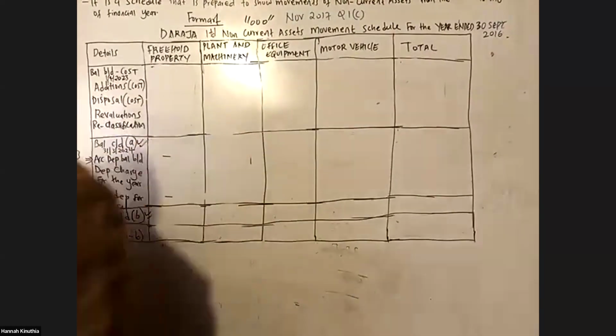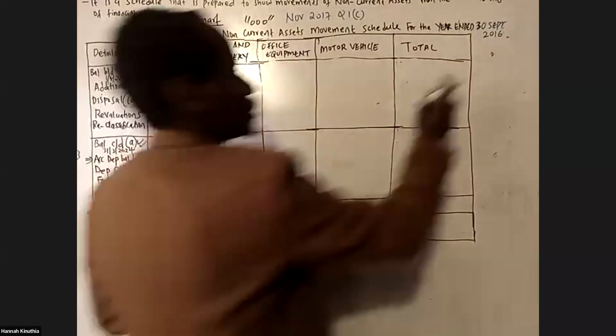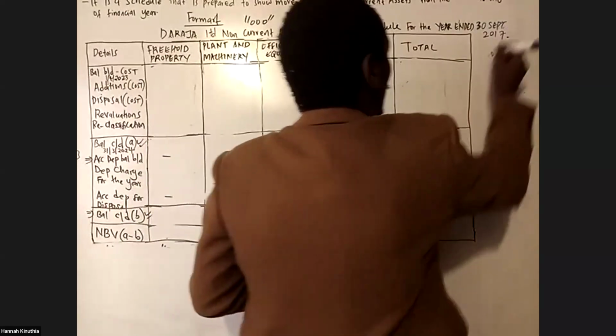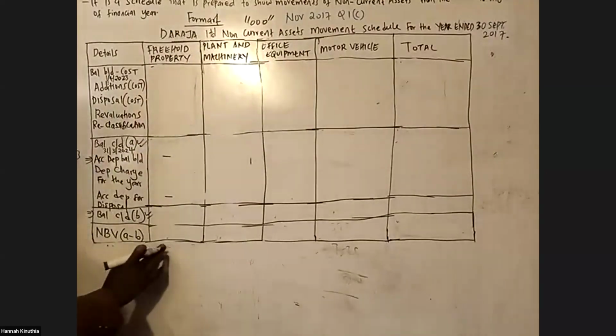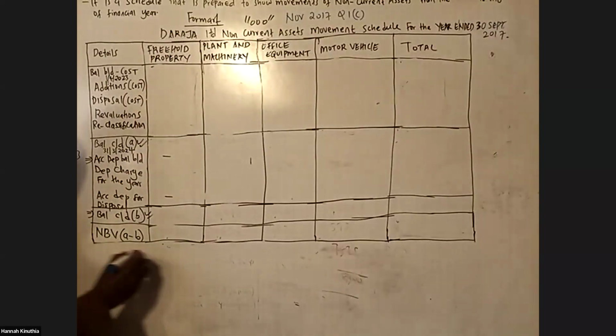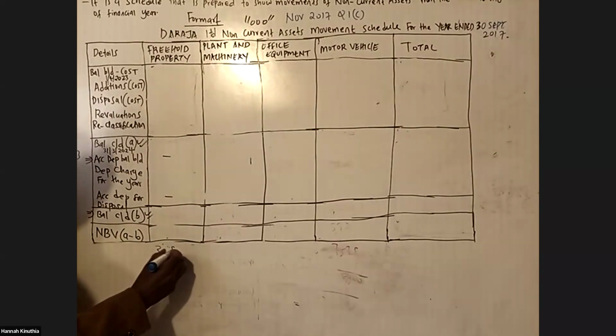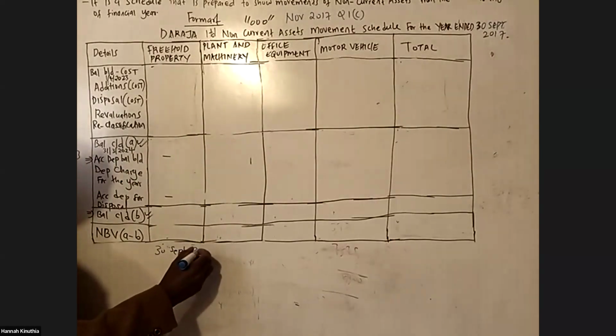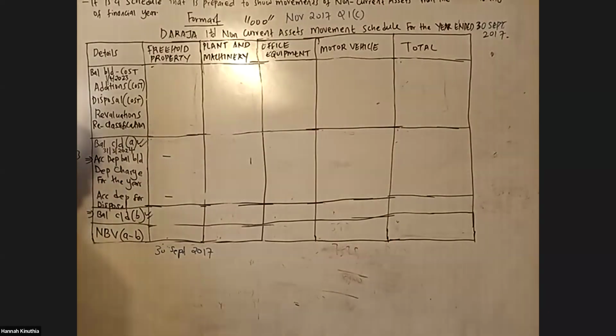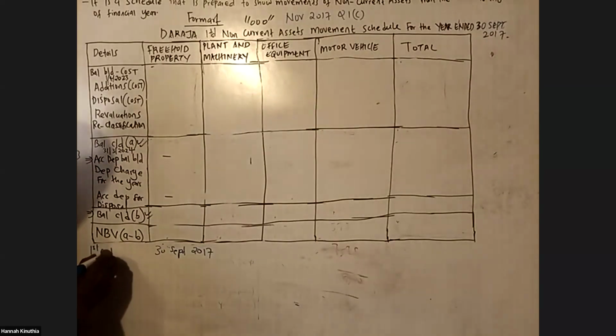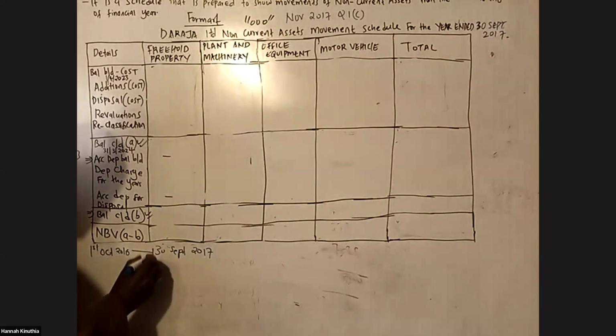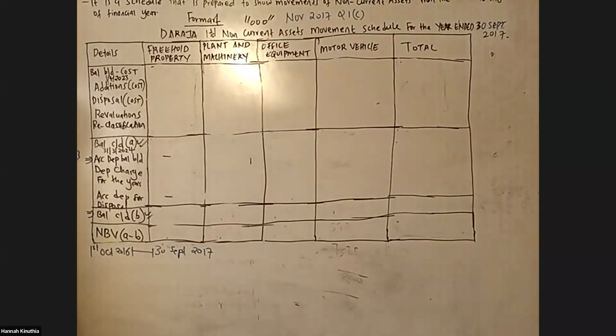So when does the year start? First October 2016. Yes, that one is correct.